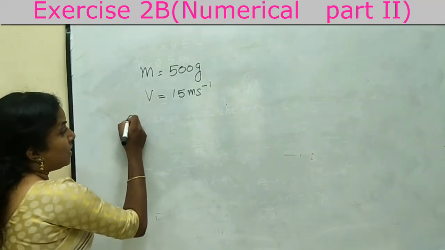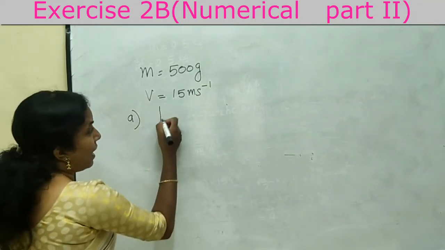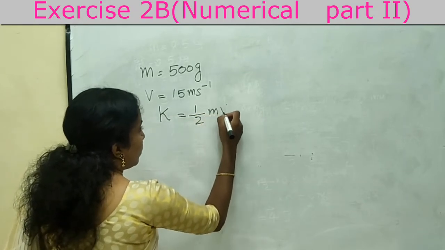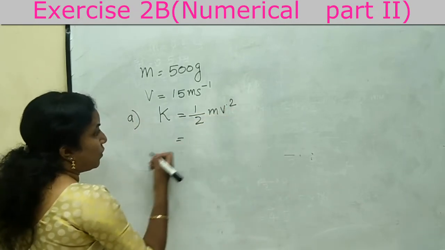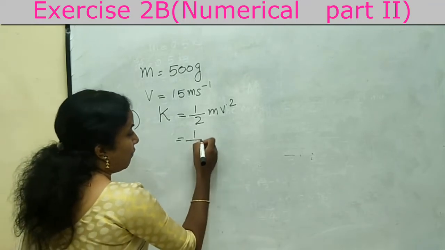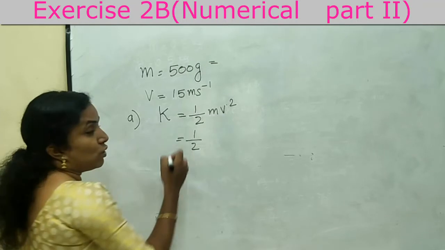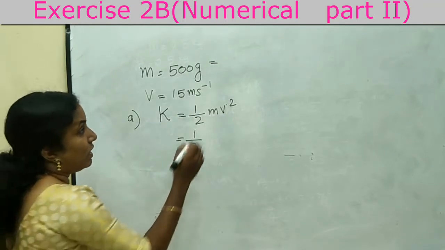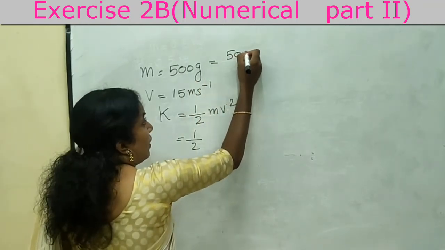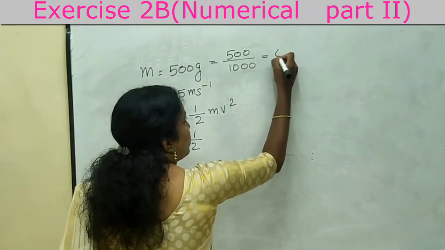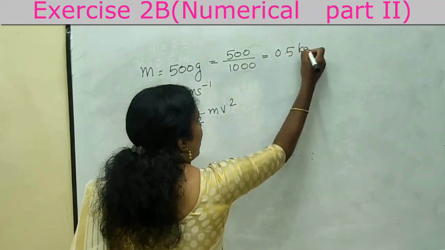The first section is the value of kinetic energy, which is equal to half mv square equal to half m. m is 500 gram, so we should convert it into SI unit, that is 500 by 1000 kilogram, which is equal to 0.5 kilogram.